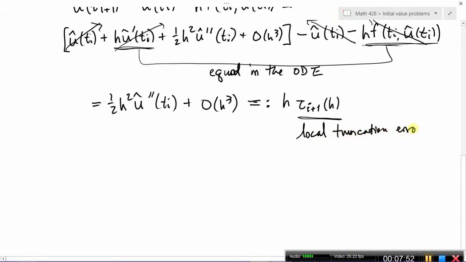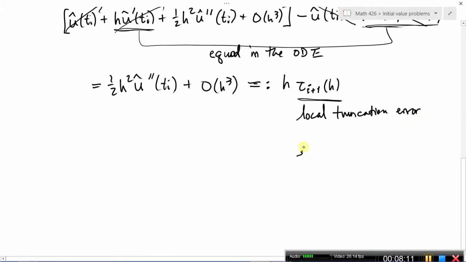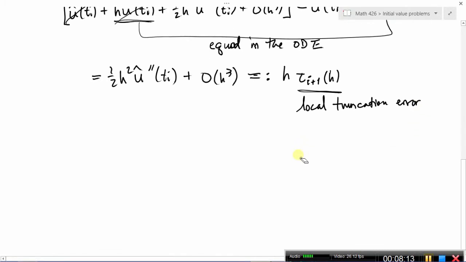So it's not 0, like we would hope it is if it were exactly true. It comes from the fact that the Taylor series had to be truncated in order to get here. And it's local because it represents what happens in just one step. So this is the error in a single step.